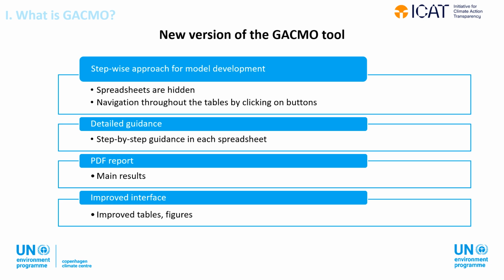Navigation throughout the table is done by clicking on the buttons. The new version provides detailed guidance in each spreadsheet. Also, the user has an opportunity to view the results in PDF reports presenting the main results of the tool. It also contains an improved interface through improved tables and figures throughout the model.